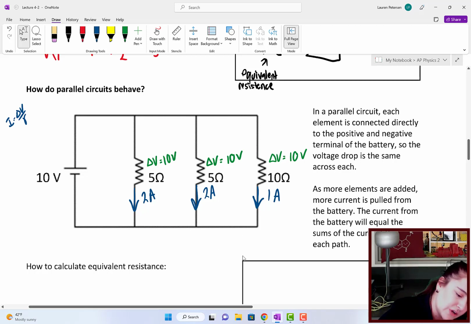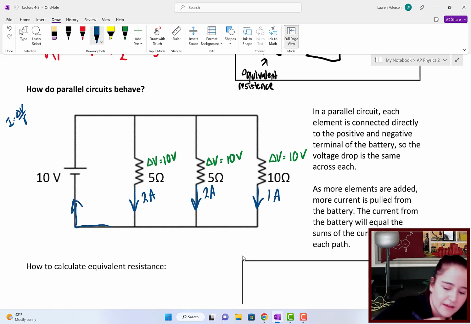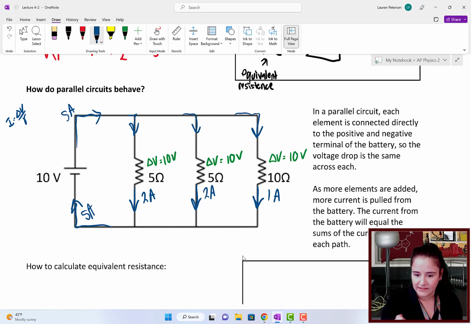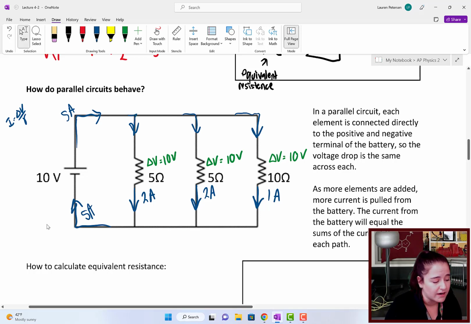But then these currents are all going to come together: 2 plus 2 plus 1, and we have 5 amps of total current being pulled from the battery. And then it splits per the junction rule and feeds all of those. So how would we calculate the total resistance?